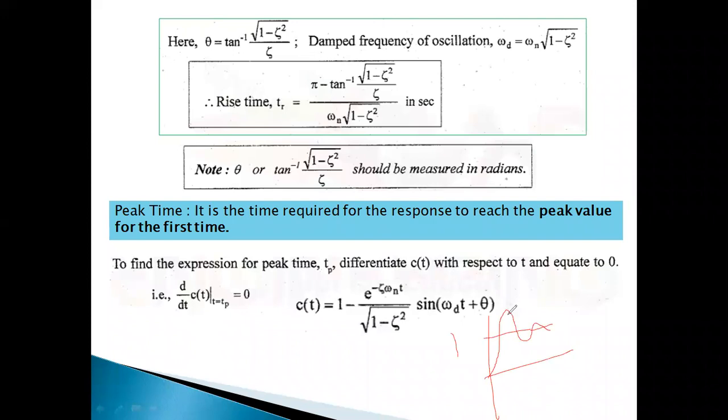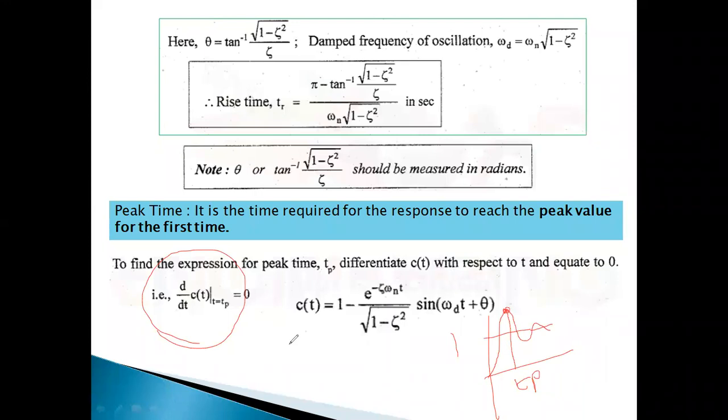So at t is equal to tp, this is called the peak time. At this time, the slope of the curve is 0. So to find the maximum value, d by dt of c of t at t is equal to tp equal to 0. That is the mathematical point we use to find out the peak time.